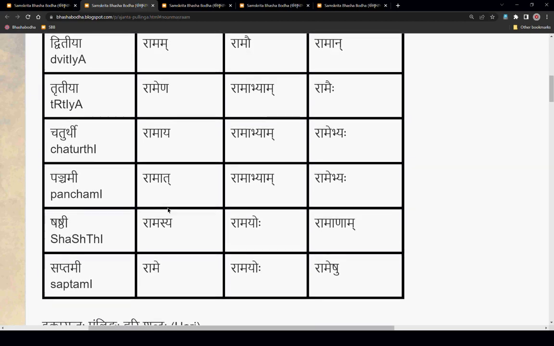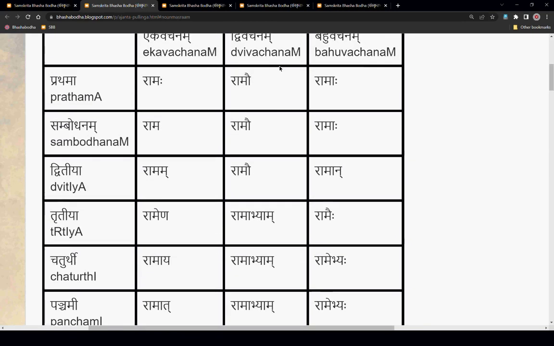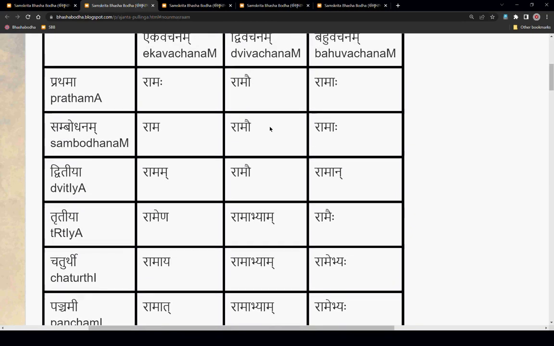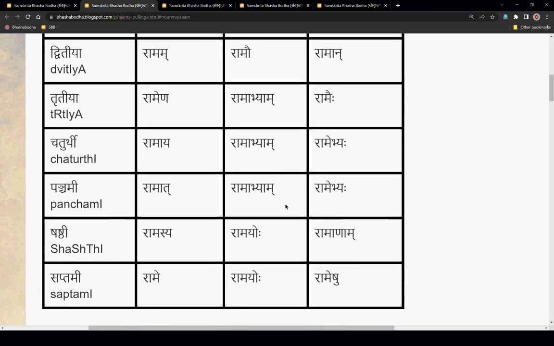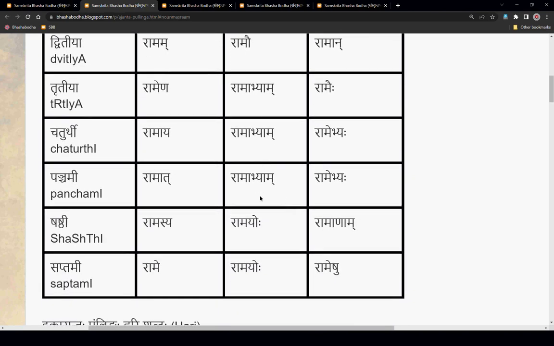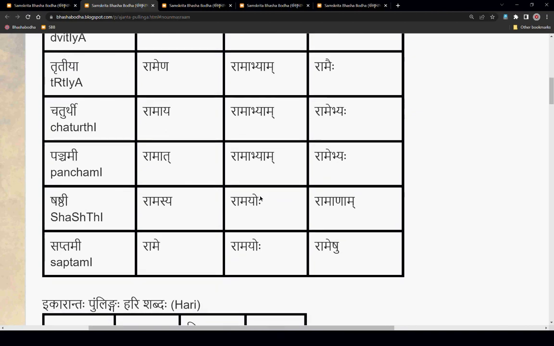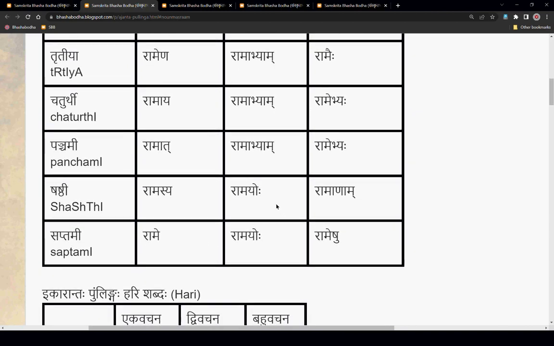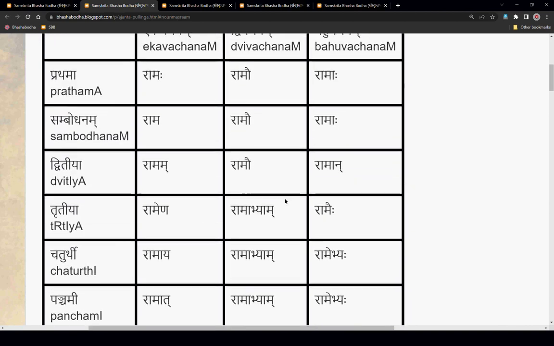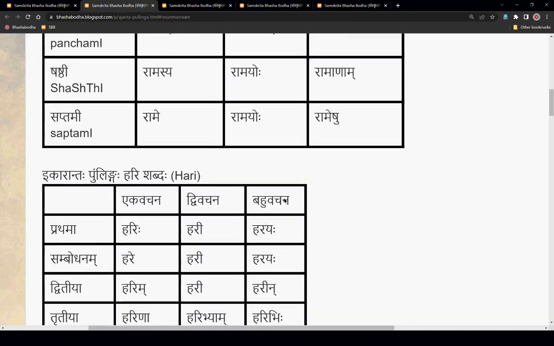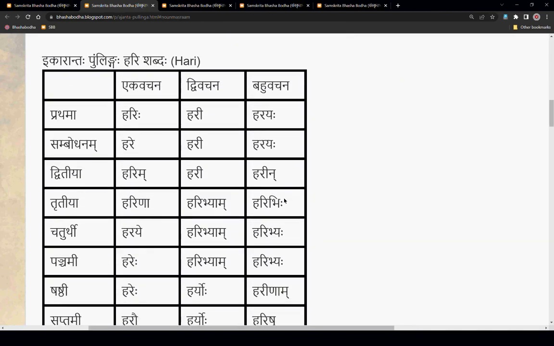Panchami Shashti, that is not given always, but Shashti Saptami Dvivachana remains same. So Dvivachana is very simple. Sambodhana, Prathama, Dvitiya remains same, Tritiya Chaturthi Panchami, all three remain same, Shashti Saptami remains same. So that is at least easy to remember.